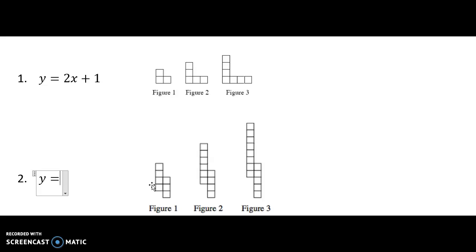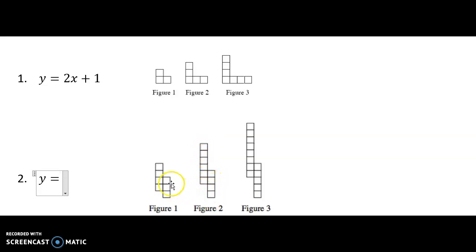All right, if you paused it, I'm glad to have you back here. Let's figure out number 2. Figure 1 has 4, 5, 6, 7, so figure 1 has 7 tiles. Figure 2 has 1, 2, 3, 4, 5, 6, 7, 8, 9, 10.